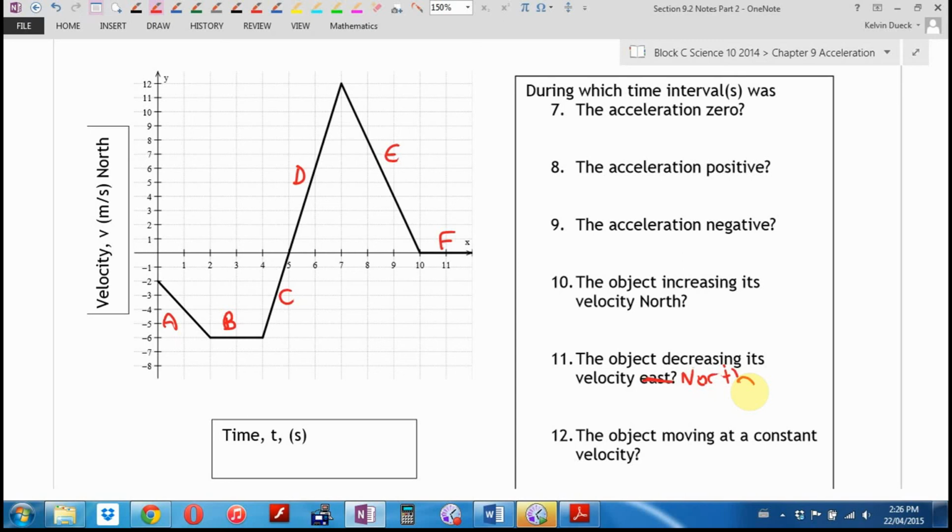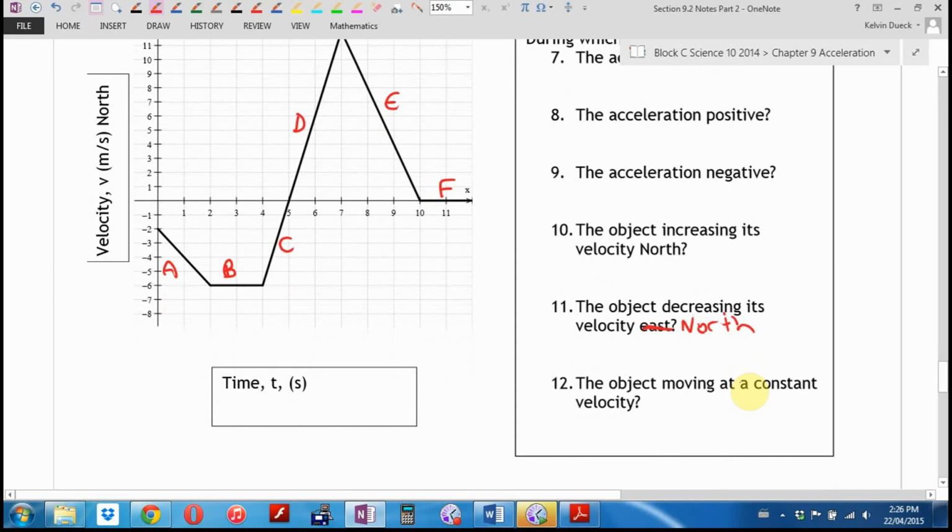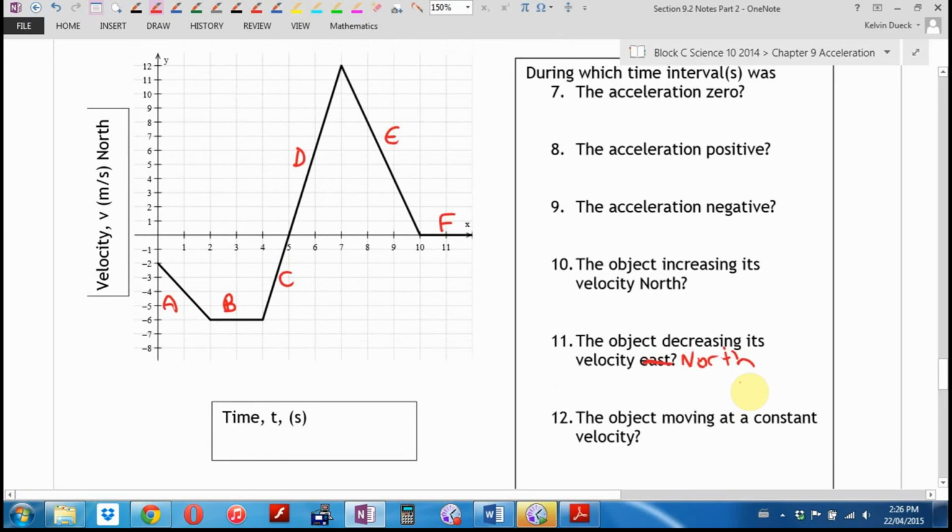Where is the biggest acceleration on this graph? If I asked you that, what am I really asking you to find? Biggest slope. Go rise over run for each one of those. You could, we're not gonna. Where is the object moving at a constant velocity? B and F. In fact, I can tell you the velocity.